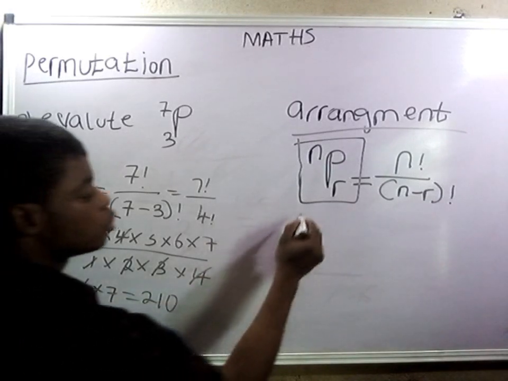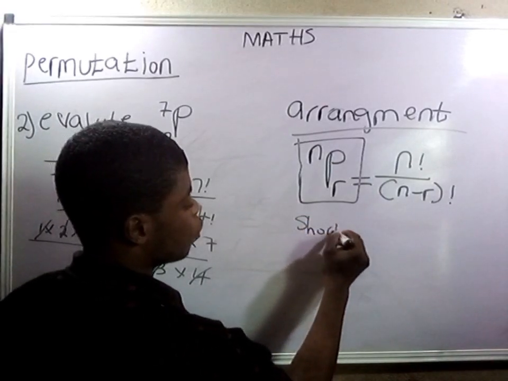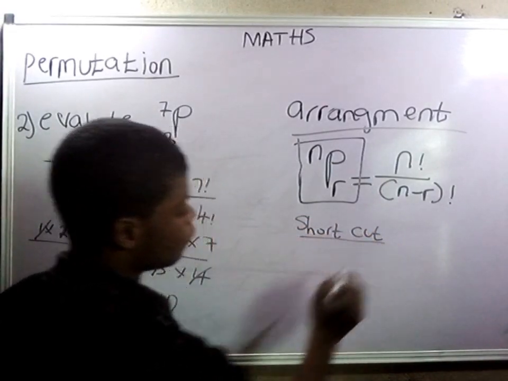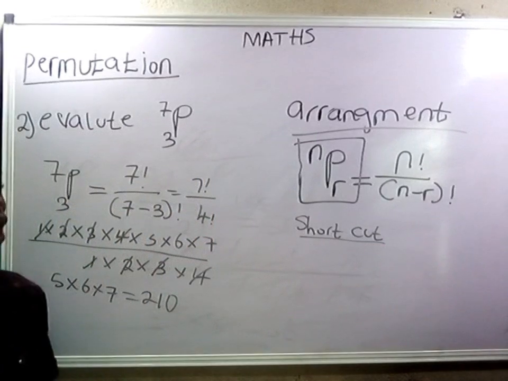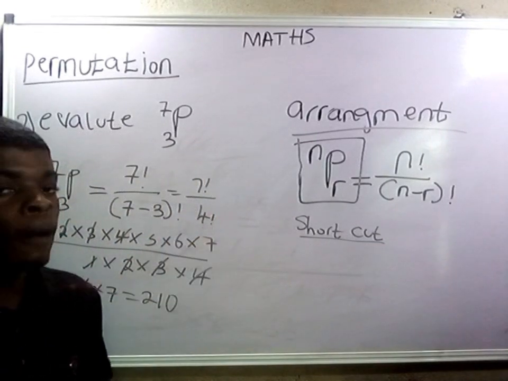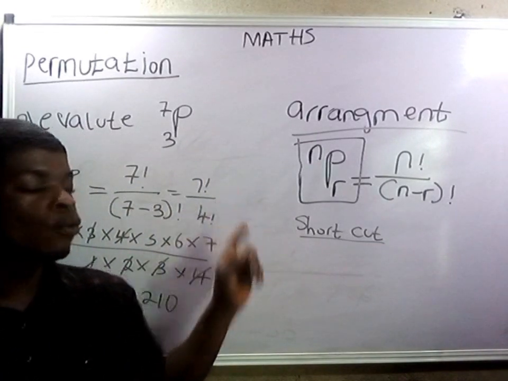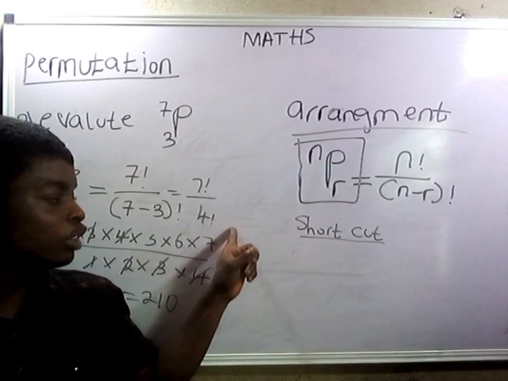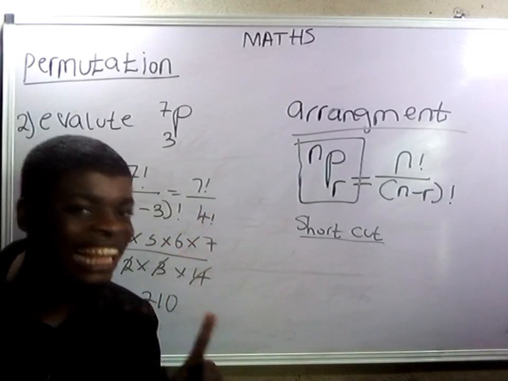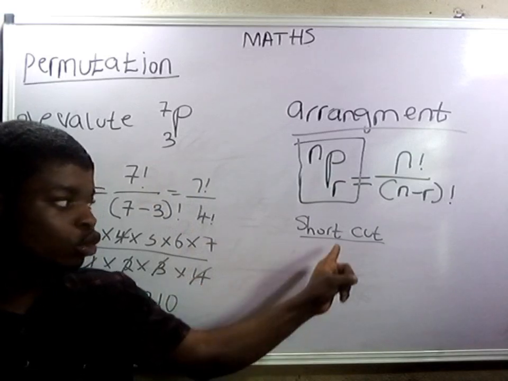Now the shortcut. Looking at this, we have 7 factorial over 4 factorial. We have to multiply 7 backward, and when we get to the denominator, which is 4 factorial, we stop there. That is the instruction to use the shortcut.